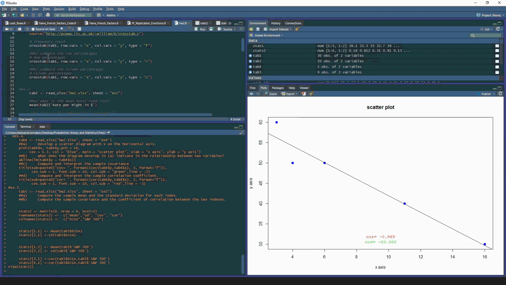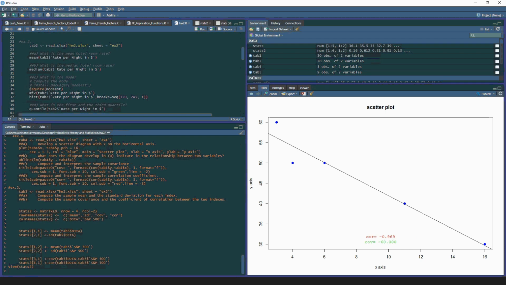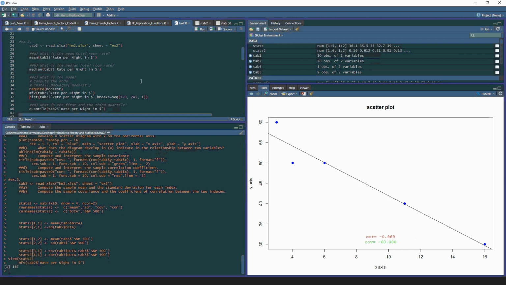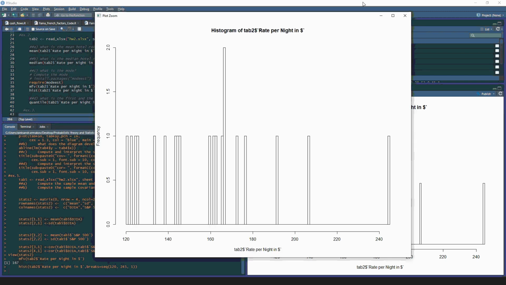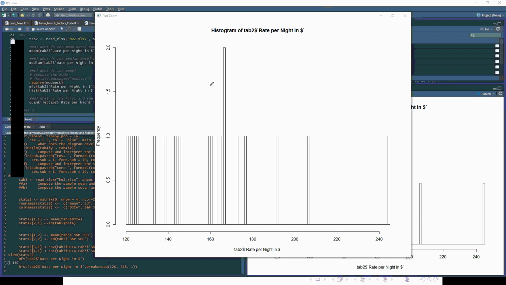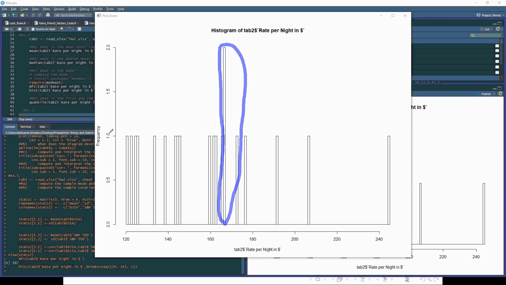So this is the second exercise. In order to calculate the mode, we just need to create a histogram of our observations, and if we take a look at this, you see that one observation appears twice, while others appear only once.